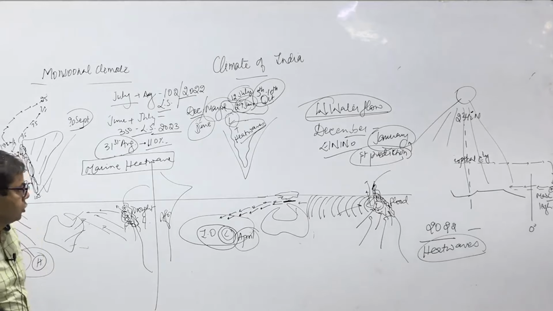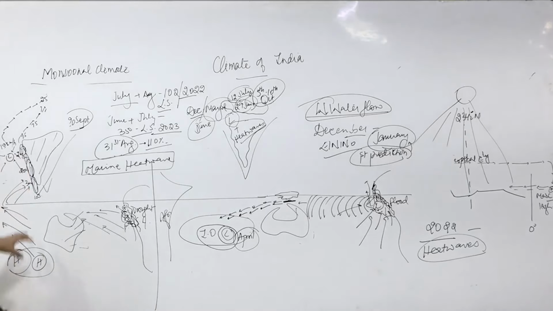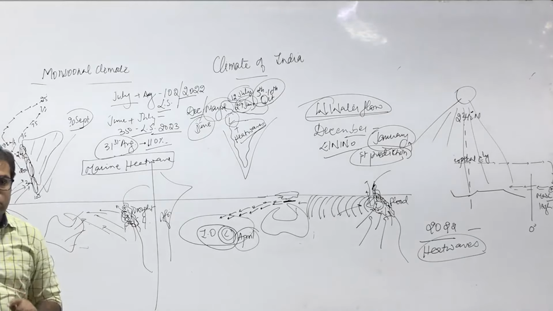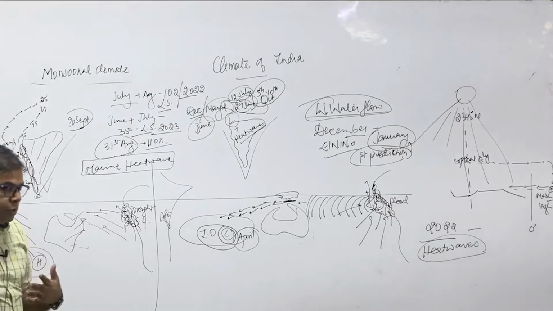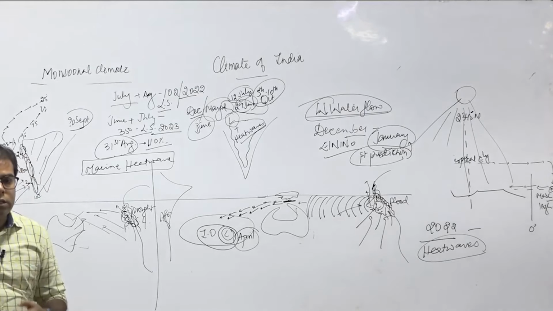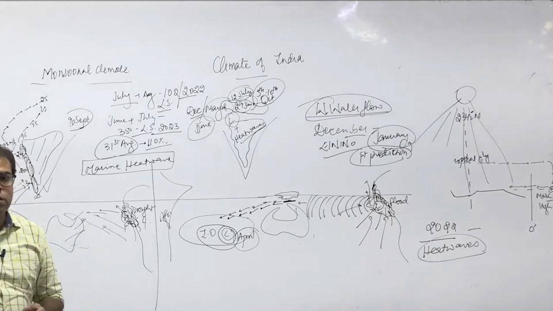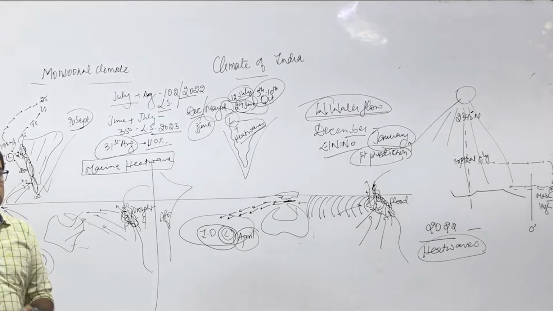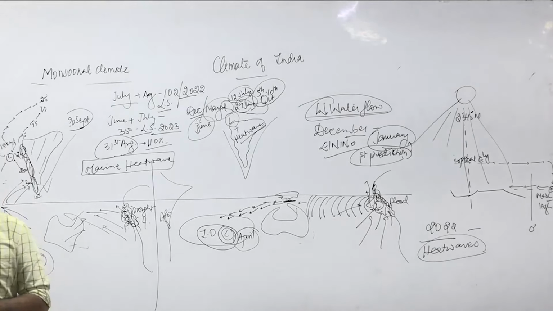Right. So in the condition where the heating of the oceans is becoming excessive, this rise in temperature of the oceans is responsible for untimely or unpredictable cyclonic storms, which are destructive and more furious.